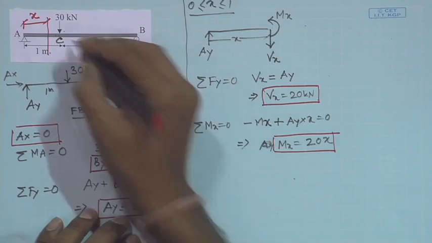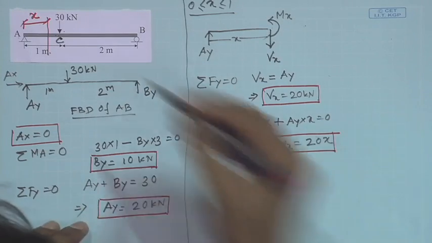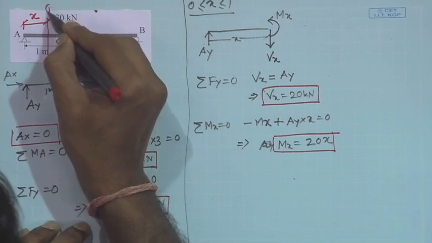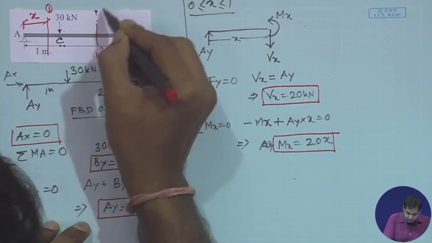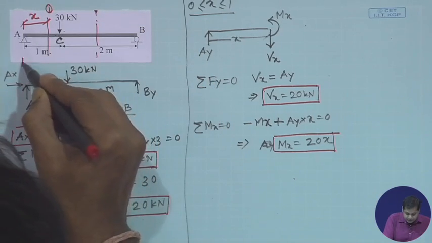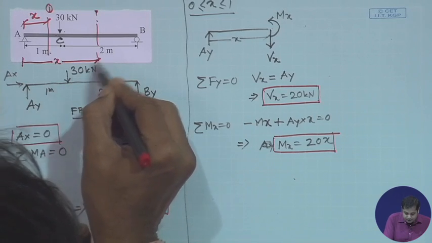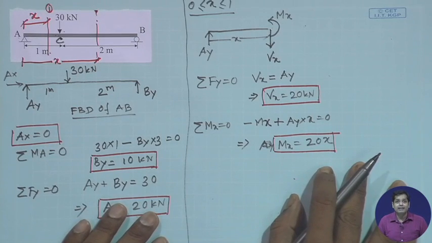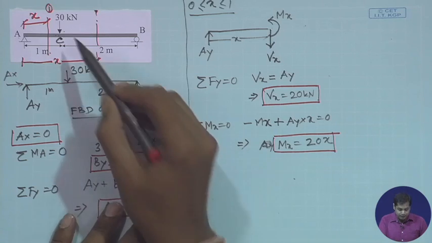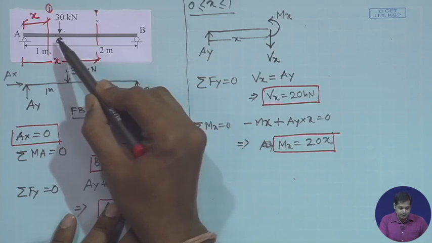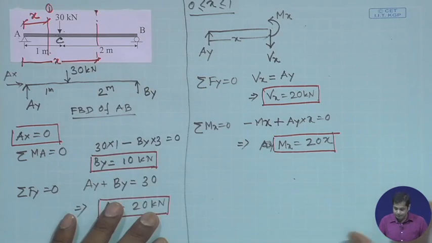Let's see what happens when you take one more section here. This is again at a distance x from A, but now in this case x varies from C to B, means x varies from 1 meter to 3 meter.